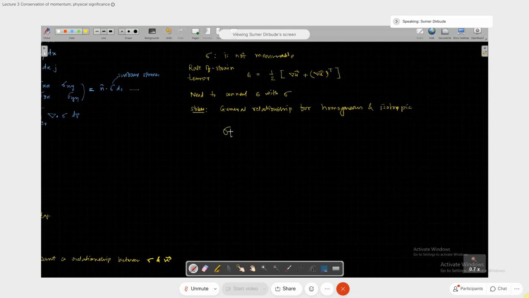So you will have to understand the tensor sigma ij. I is running from 1 to 3, and J is running from 1 to 3 in a Cartesian coordinate system.